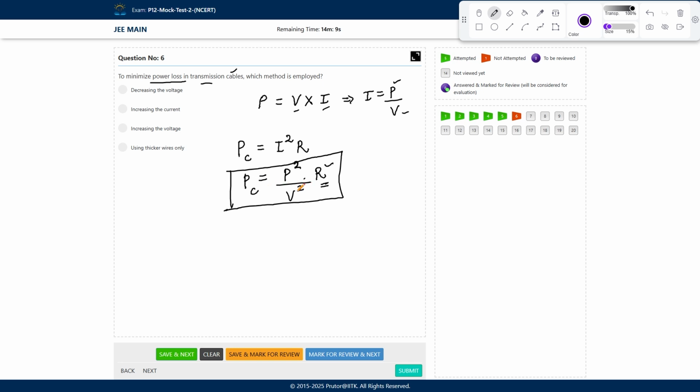What we can increase or decrease? We can increase or decrease the voltage. If we decrease the voltage, the power consumption will increase. So we have to increase the voltage so that this power consumption must decrease.